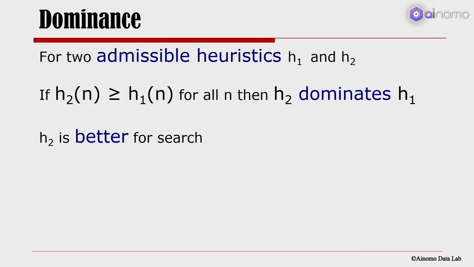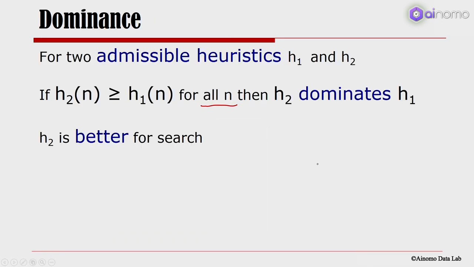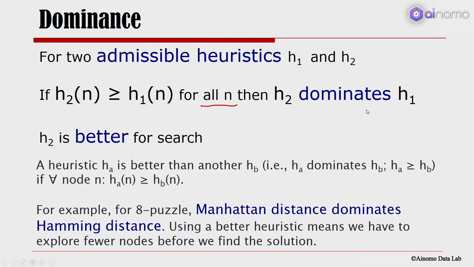Let us now understand what we mean by dominance of heuristics. Let us say we have 2 admissible heuristics, H sub 1 and H sub 2. If for any node n, the heuristic value H sub 2 of n is more than or equal to H sub 1 of n for all n, then H sub 2 dominates H sub 1.